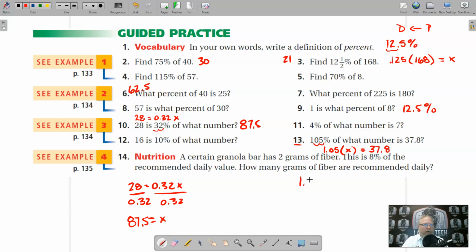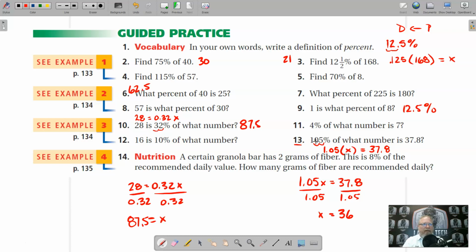So we end up with 1.05x equals 37.8. Let's divide both sides by 1.05 so we can isolate that variable x. What we do to one side, we do to the other. 37.8 divided by 1.05 gives us 36.